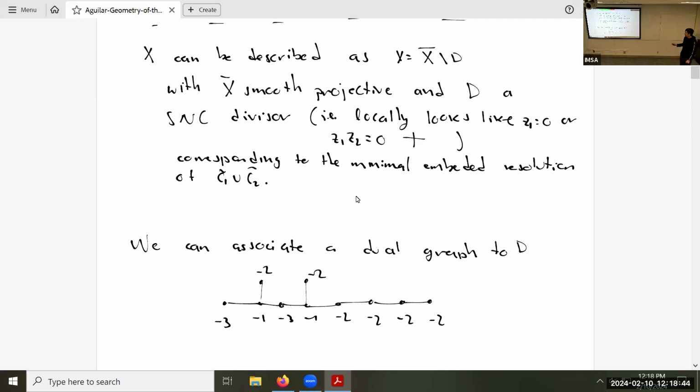And then we can make the minimal embedded resolution of this curve that we were removing in the blow-up of P2. And to every line, we can associate a point, and whenever two lines intersect, we associate an edge. And we can weight this graph with the self-intersection number of the lines. And in this way, we associate a graph to this divisor.